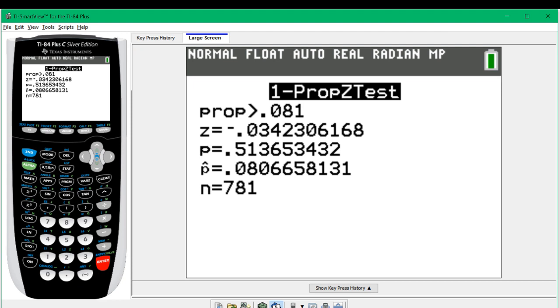Oh, look at that p-value. Something feels wrong about this. Yeah, that's not right.